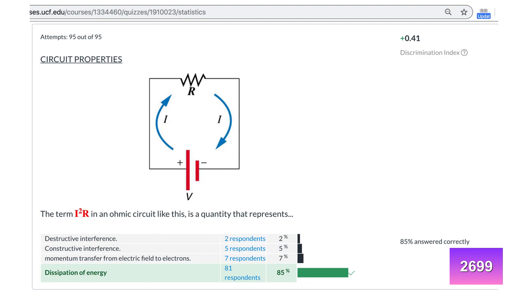But that's not what I squared R is. And this one's basically one mistake, one thing that somebody didn't do. And in my opinion, it would be somebody that didn't read the annotations in chapter 20.4, because that's where I talk at length about it. And I highlighted it in chapter 20.4 as well.